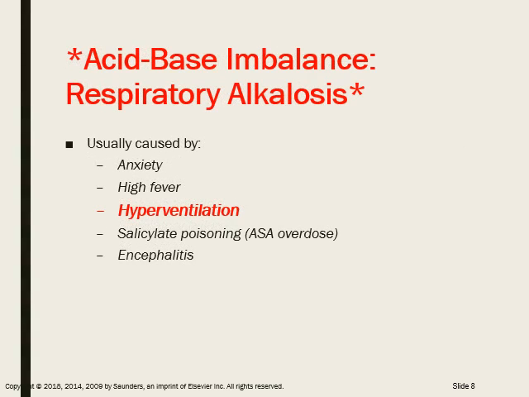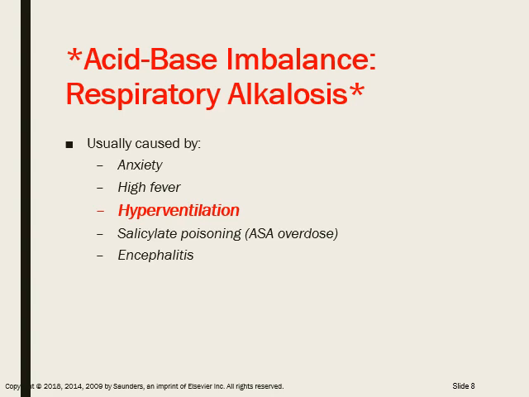So now let's talk about respiratory alkalosis. Respiratory alkalosis results from patients who experience hyperventilation. Hyperventilation is a rapid respiratory rate. It is usually caused by anxiety, patients who have high fevers, or individuals who may overdose on aspirin.